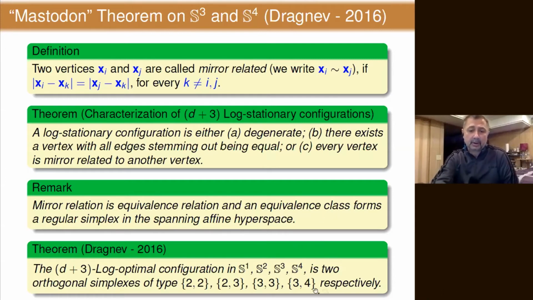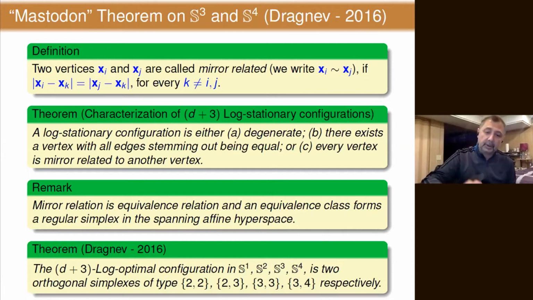That's a remark. And then with this, we end up with the result for S3, that's the 2-3 configuration, which is one simplex of two points, and one regular simplex of 3 points, orthogonal to each other.